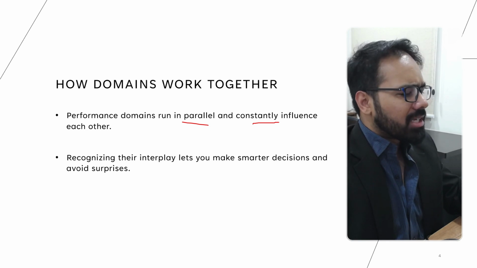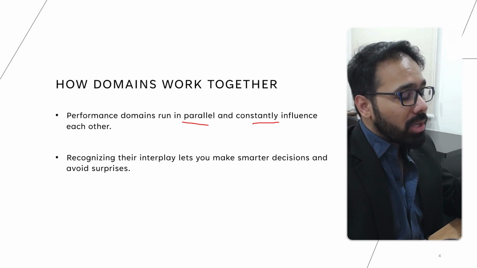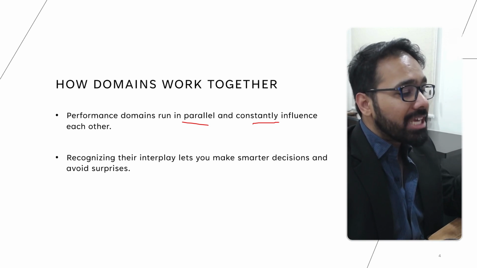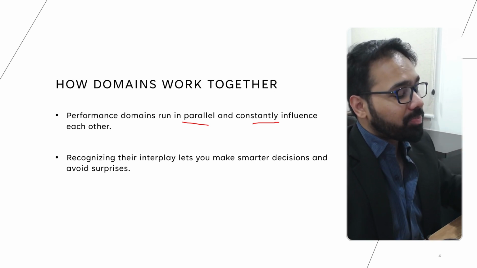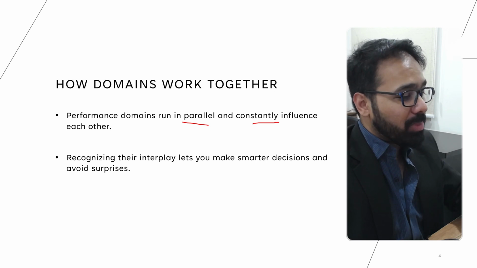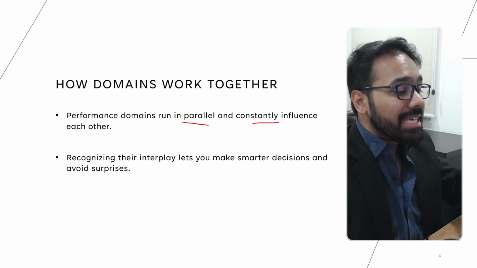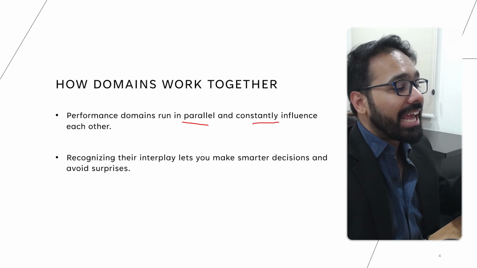For example, a sudden stakeholder request could belong to the stakeholder domain, right? But this request might force you to tweak your project schedule, which belongs to the planning domain. Now, all of this is happening while you're still delivering your current sprint, which means you are also looking at the project work domain. You are executing, right?